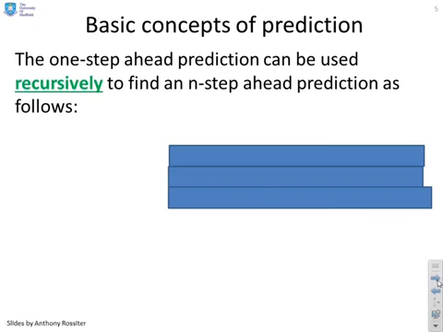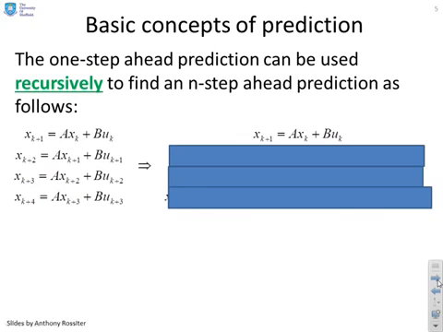Alright then, the one step ahead prediction can be used recursively to find an n step ahead prediction, and this is the common thing that people do in predictive control, and we'll go through it moderately slowly here so you can see how it works. Alright, first of all what I'm going to do is write down my state space model at lots of different samples.